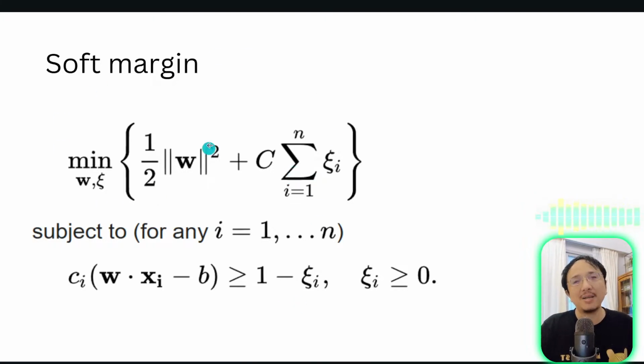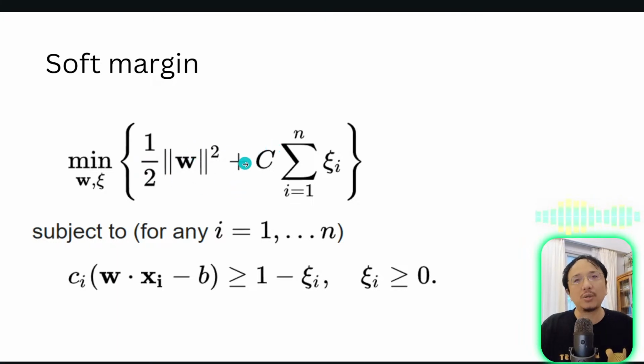Of course, there has to be a constant to decide how much the penalty weighs compared to the original optimization target, the norm.